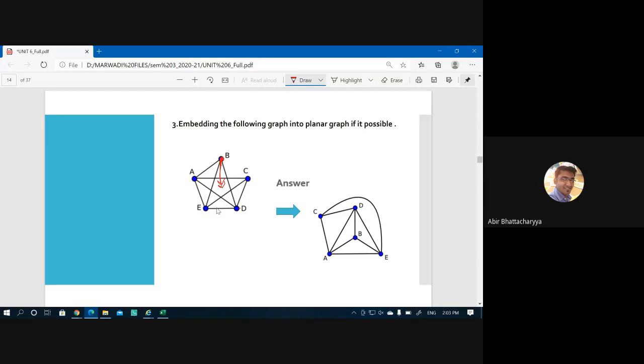So whenever I take this B inside of the graph, automatically all the other vertices are placed in their own place, okay. So that means we can construct a planar graph. We can construct the embedded version of this graph easily.